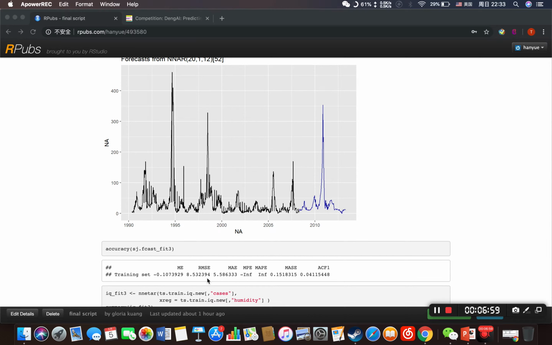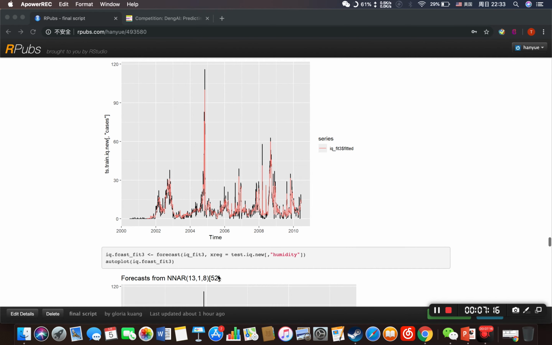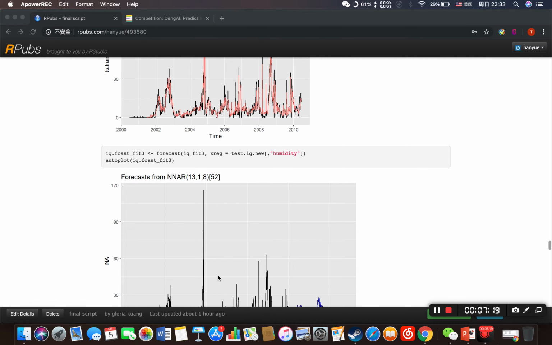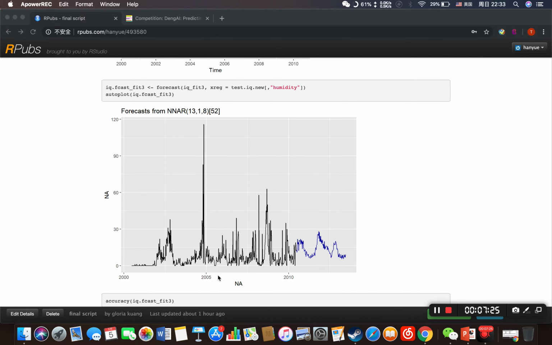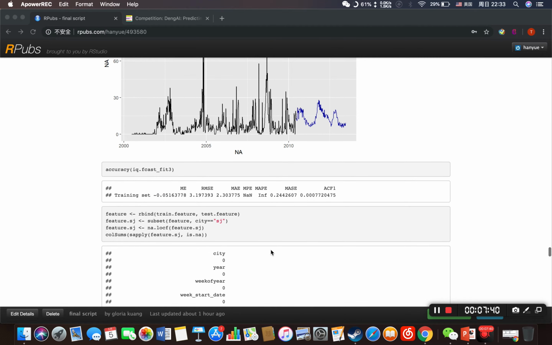The TSLM has the highest RMSE, maybe around 50 for the SJ data, and the RMSE for the IQ data is, I believe, around 10. This is the lowest one. So before I submit my results, I think the neural network performs the best because it has the lowest RMSE, and regression with ARIMA errors is slightly not as perfect as the neural network, but it's not bad.